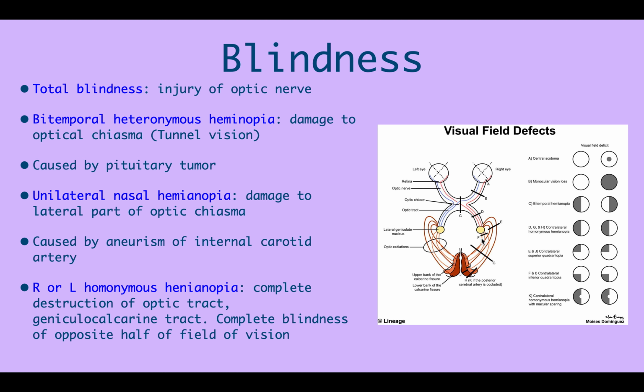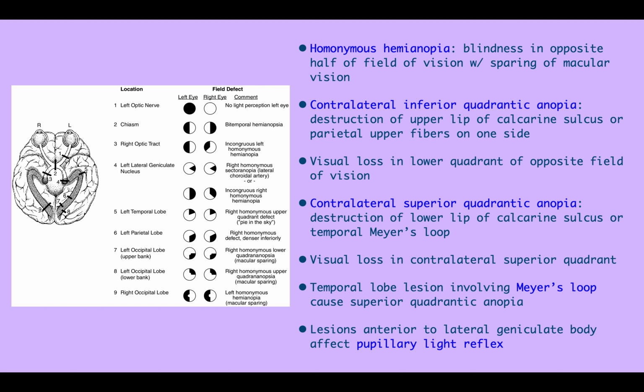And then there can be contralateral hemianopsia with macular sparing if the lesion is in the optic region itself, or if the posterior cerebral artery is occluded.